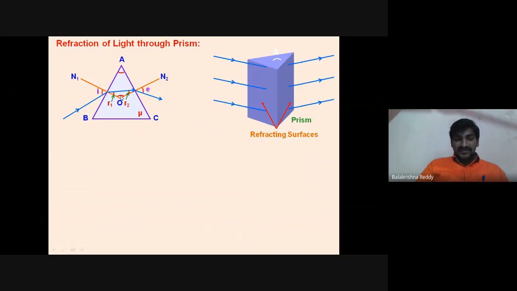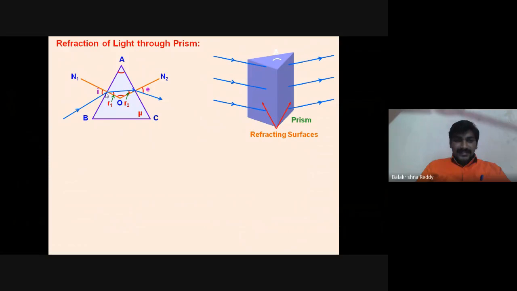There is a vertex formed that I am denoting as O. Now, just notice this point. Just now I told, if there is no prism, the incident ray could travel like this. The dotted lines will appear.